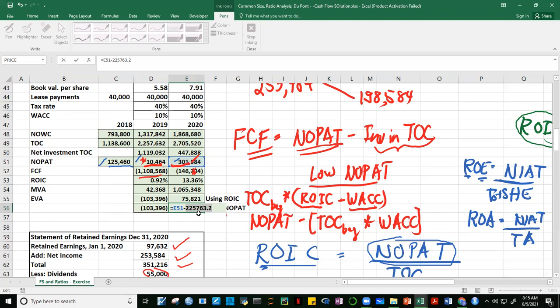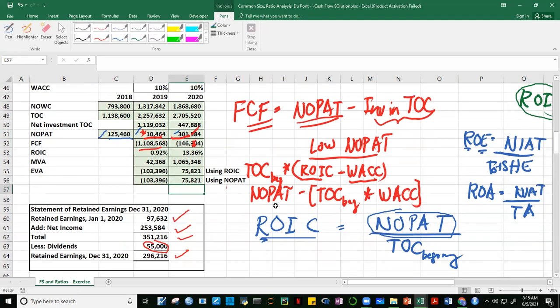Therefore, we say that value was created, no? 75,821. Okay? And then another way to compute this, guys, so this is via using NOPAT. Ito naman using ROIC. Okay? Again, ano yung concept nito? Ang concept nito, okay, pinagamit tayo ng TOC beginning, and then we net yung ROIC minus WACC.